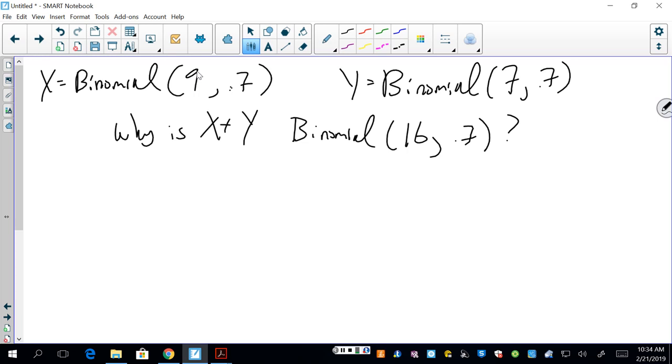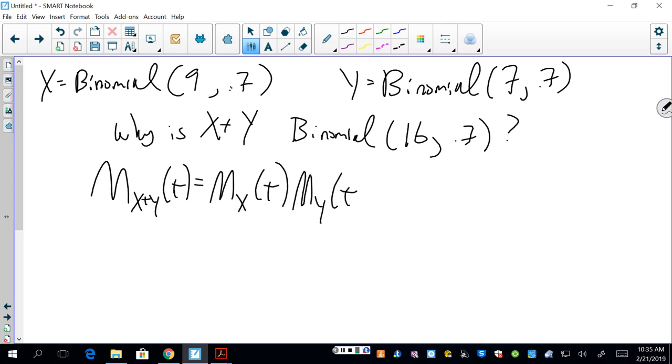Alternatively, if these two things are independent, the moment generating function of the sum of 2 random variables is the moment generating function of one times the moment generating function of the other.